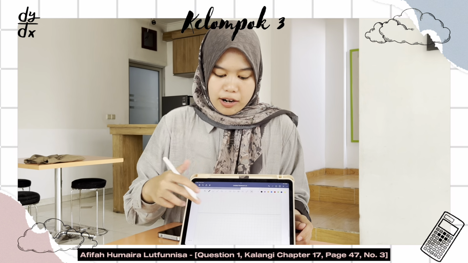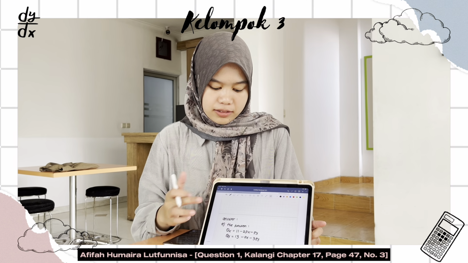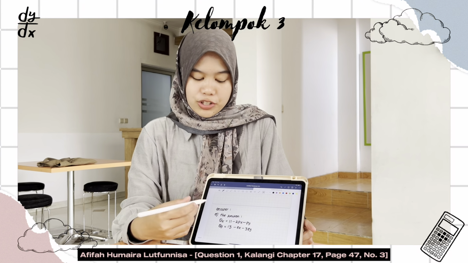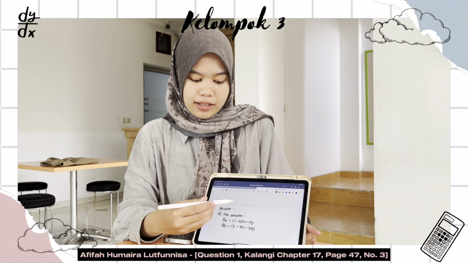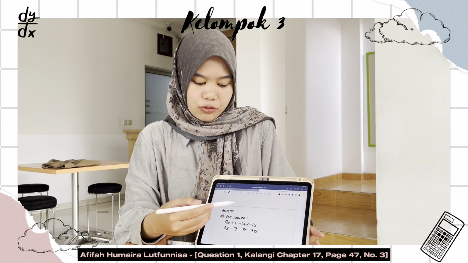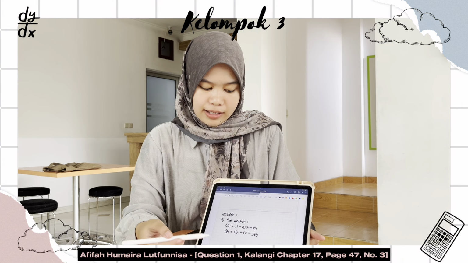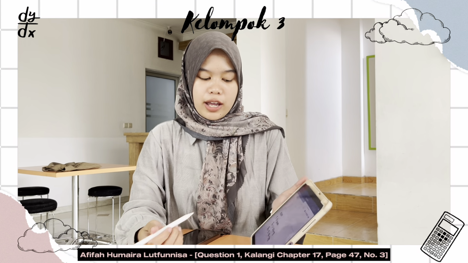Okay, we are going to answer number A. We have the functions Qx is 11 minus 2Px minus Py, and Qy is 13 minus Px minus 3Py.